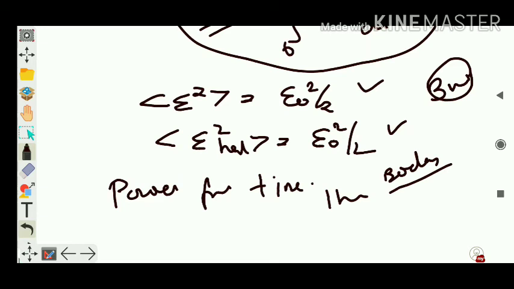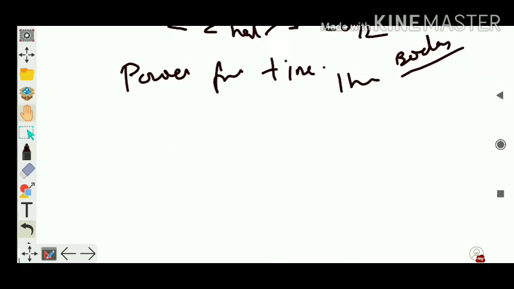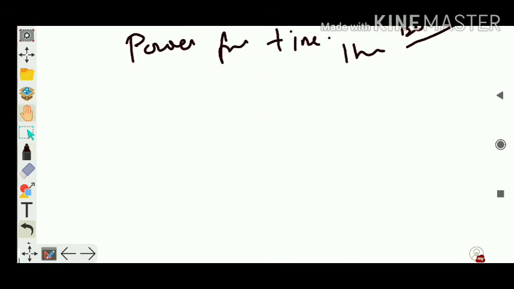So why did we do this tedious job of finding I naught squared, or the average of I squared? This is where we link the scientific world with the common world. In my home, the normal AC is of 50 hertz. I asked you to do this as homework, and nobody submitted it.